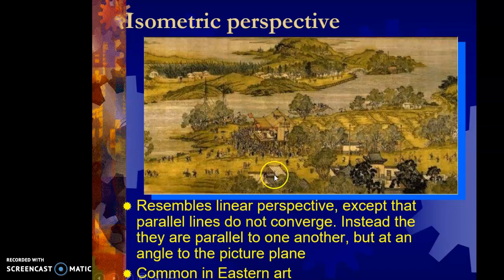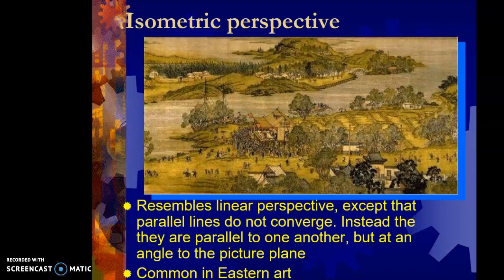So if you look at this here, everything is kind of parallel to one another, but you can see the depth. So what I usually show in class is that railroad track. If I zoom in on the railroad track, the bars that go in between those tracks, they're farther apart the closer they are to you.